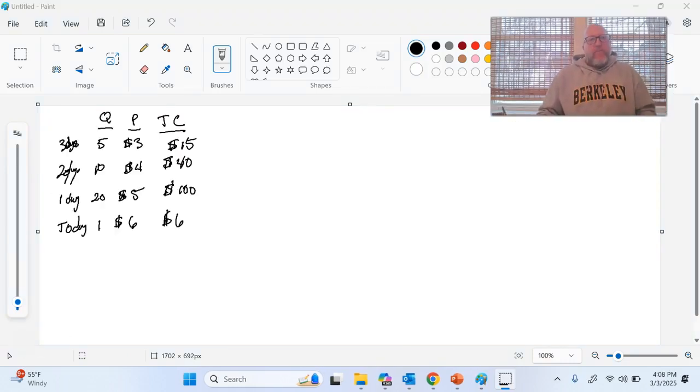For the sake of our discussion, but it's the same concept. 3 days ago, I purchased 5 avocados for $3 a piece for a total cost of 15. 2 days ago, I bought 10 avocados for $4 for a total cost of 40, etc.